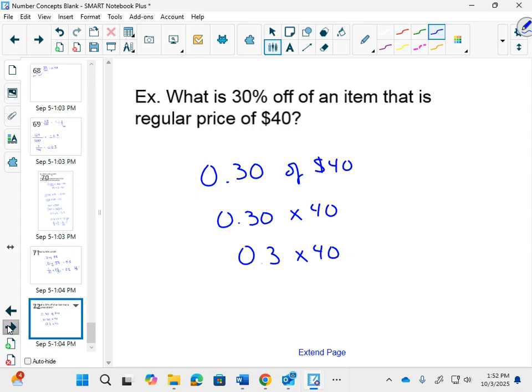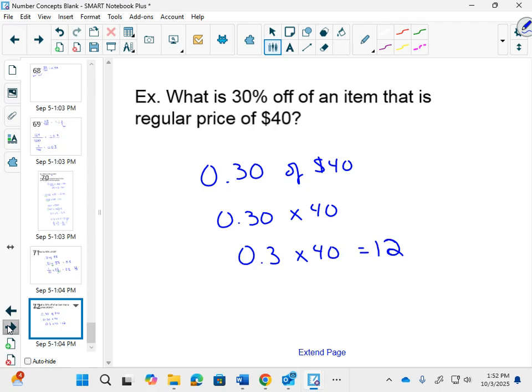You're seeing it now, right? Because what's 3 times 4? 3 times 4 is 12. 3 times 4 would be 120, but you'd need one decimal place. Or I can think of it as that 0 moves the decimal place over once, and I just have 3 times 4. It's going to be $12 off.